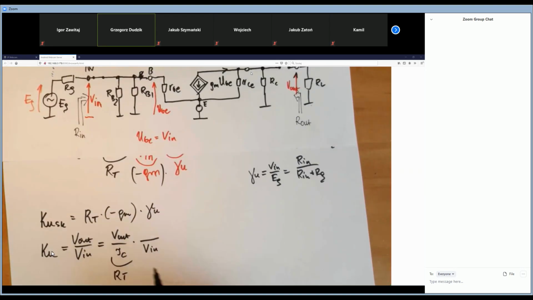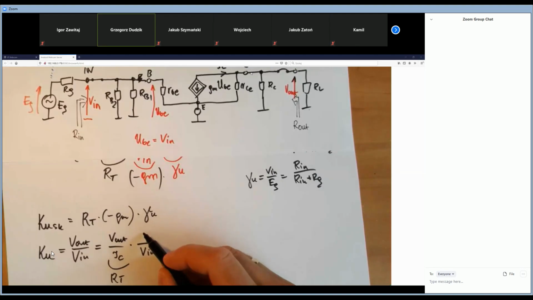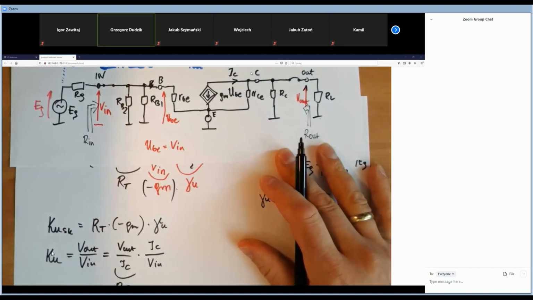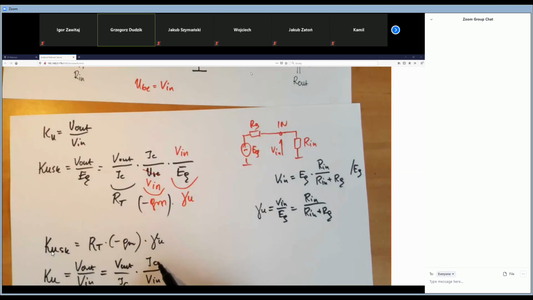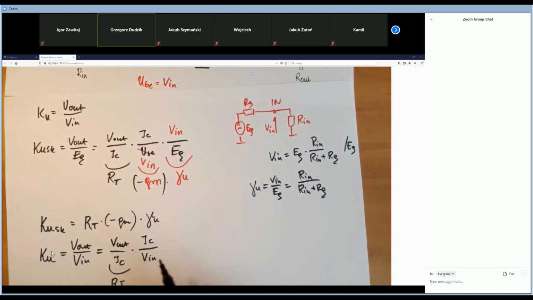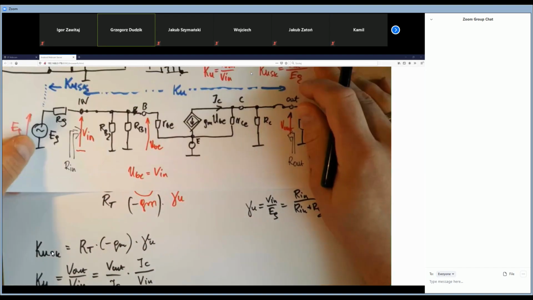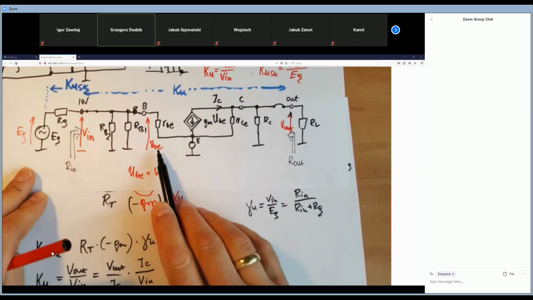If I divide the formula by IC, I have to multiply it by IC. And again, IC over V in. But please start thinking. Look, V in is the same as the UBE.